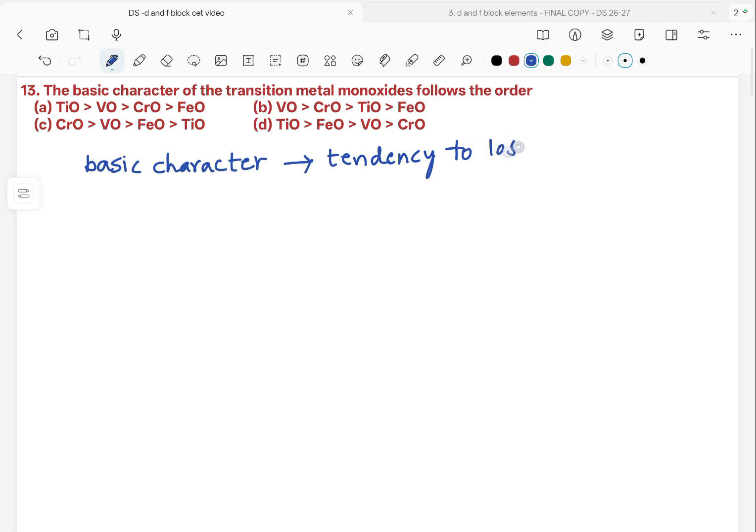Any metal which has more tendency to lose electrons, meaning greater tendency to lose electrons, then they will have greater basic character.